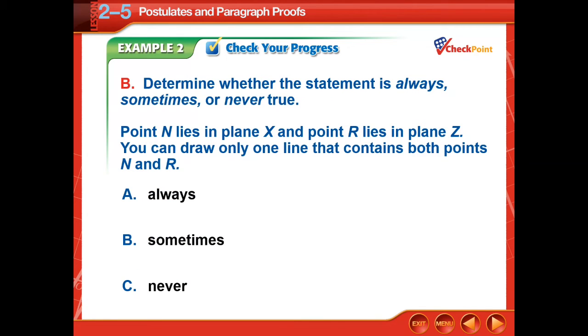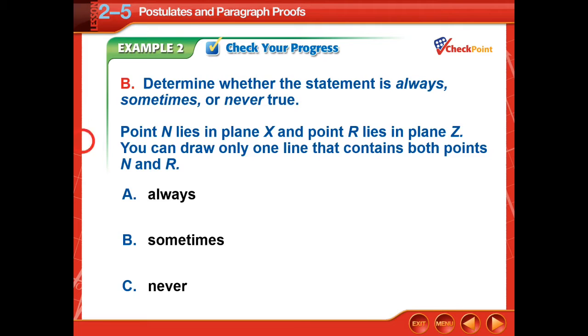Here is another example. Determine whether the statement is always, sometimes, or never true. Point N lies in plane X, and point R lies in plane Z. You can draw only one line that contains both points N and R. So remember our postulate, that through any 2 points there is exactly one line.